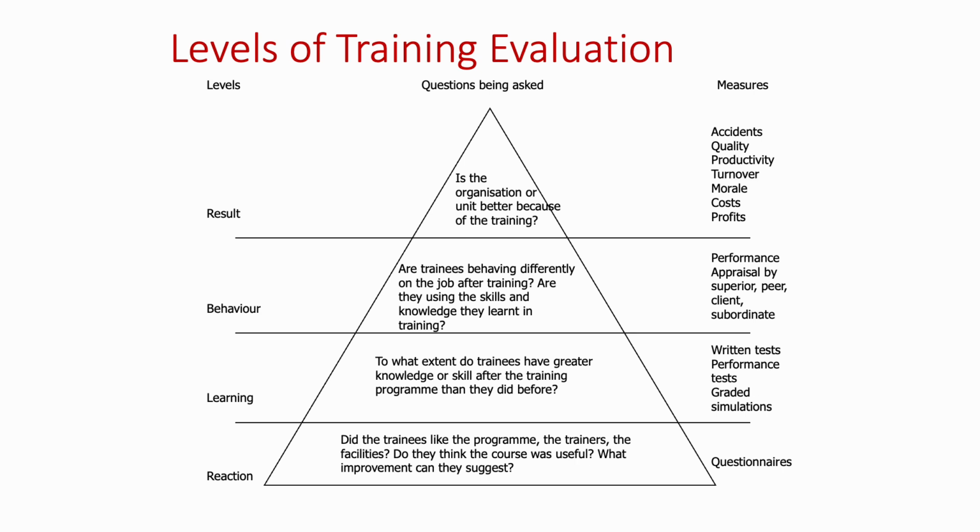But once again, it completely depends on the organization what kind of training evaluation you want to use, right? Some of them might just use a questionnaire, or some might use an extensive way of evaluating the training program. So these are the levels of training evaluation.